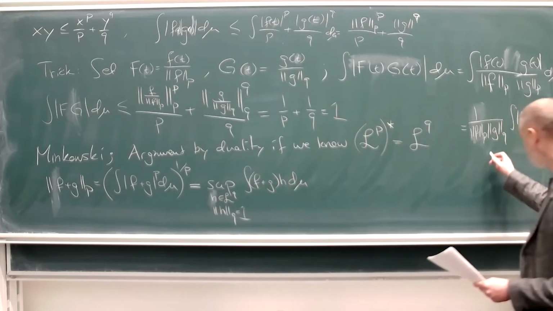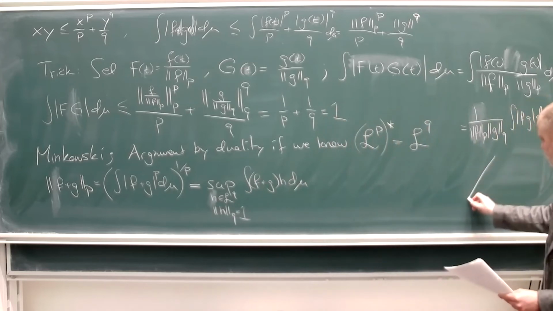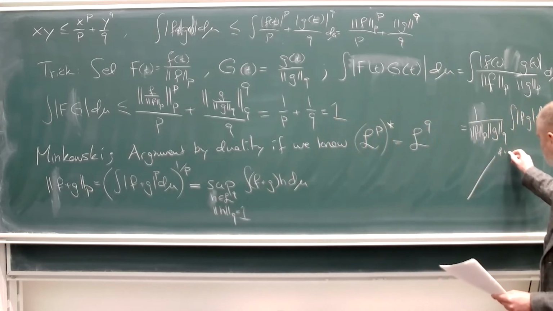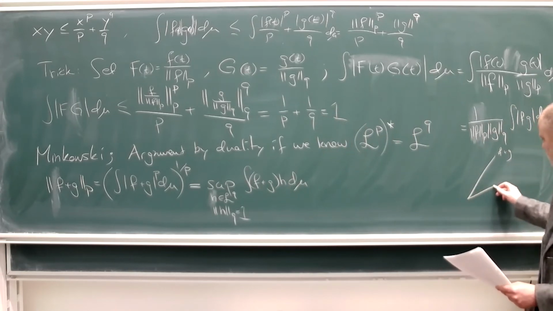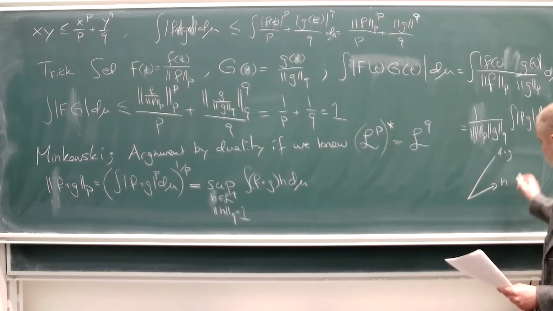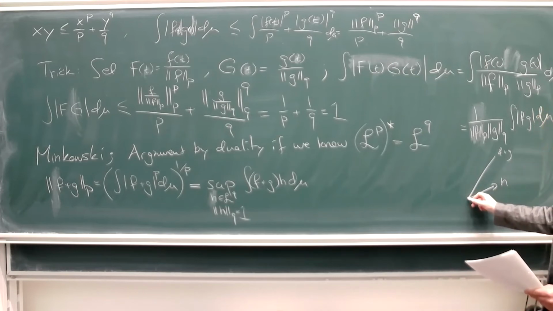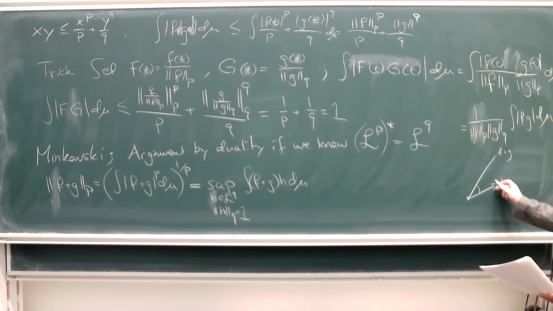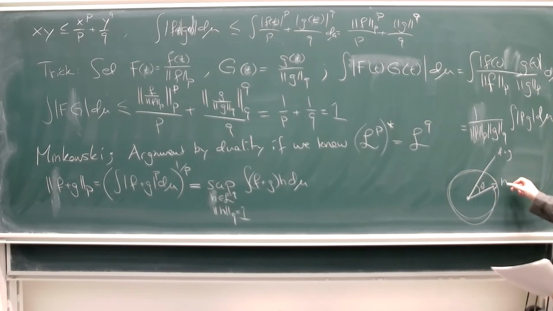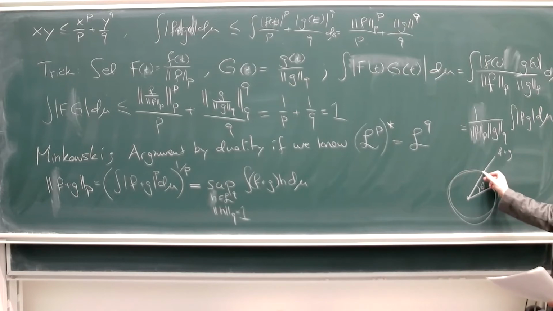But the nice thing with duality is that I can do this integral for all sorts of h's. But if you think about this geometric interpretation, if this is my f plus g, and if I were to have some scalar product here, then whatever h I take on the unit ball, there's some angle here, theta, between f plus g and h. And the scalar product is maximal when that angle is 0.